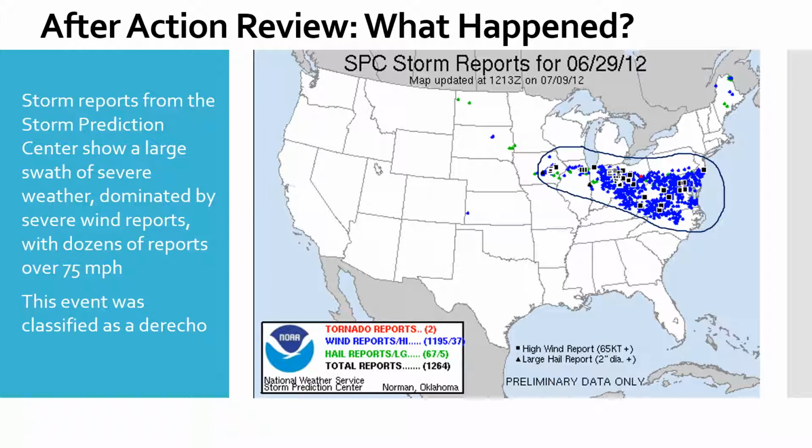And when we get this kind of squall line that meets this criteria for having a large area and some other dynamic properties, we can classify it as a derecho. So in fact, with this derecho, we had dozens of reports of high winds with these black squares. And the black squares on this map indicate areas where there were measured winds above 75 miles per hour.